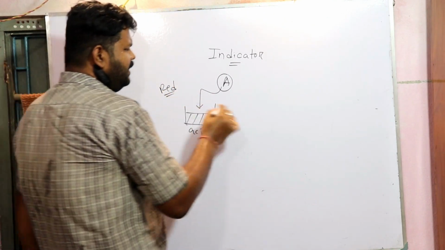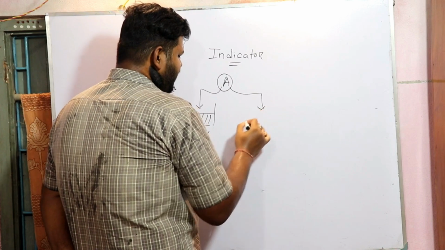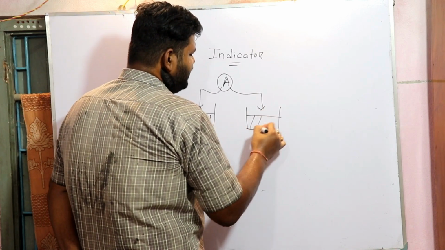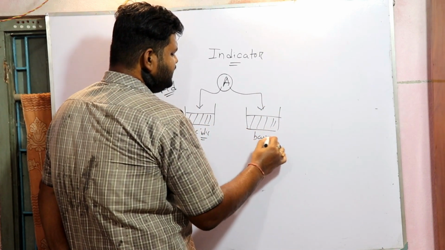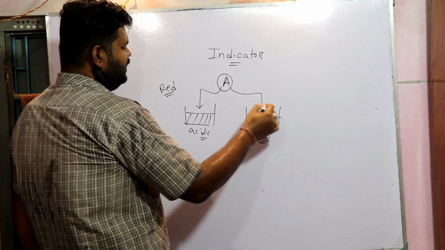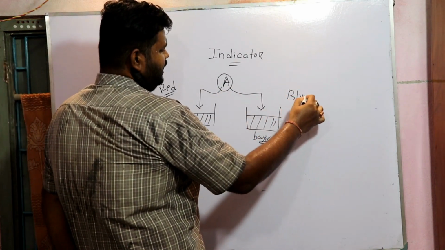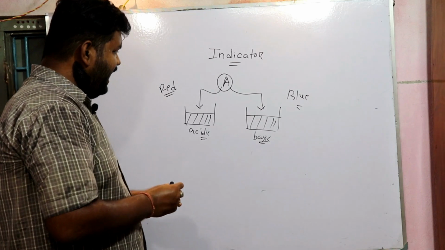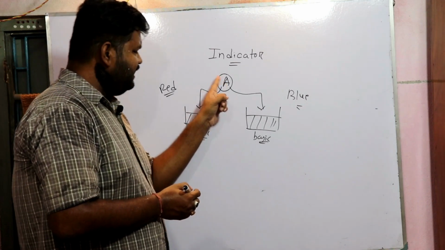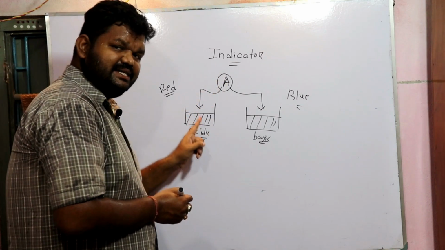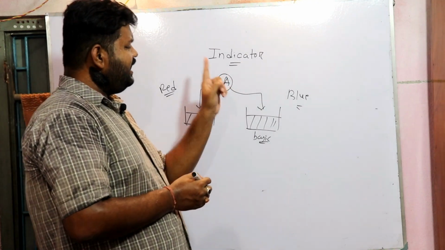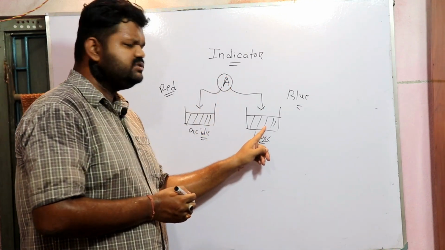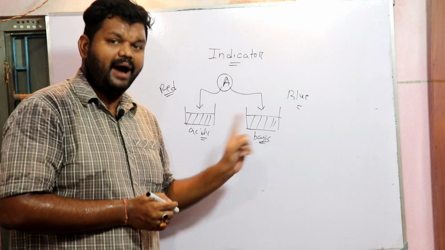But when this A is mixed with a basic solution, it will give, suppose, blue color. That means A is indicating that this solution is acidic in nature, and A is again indicating this solution is basic in nature.